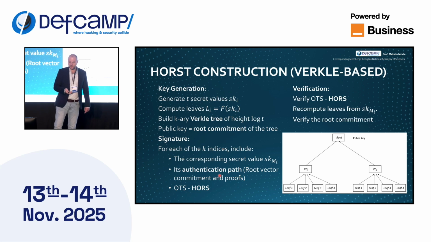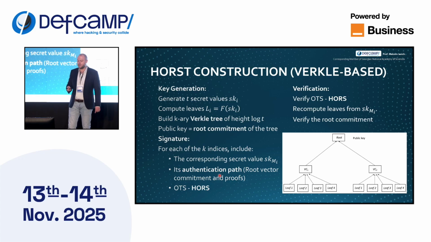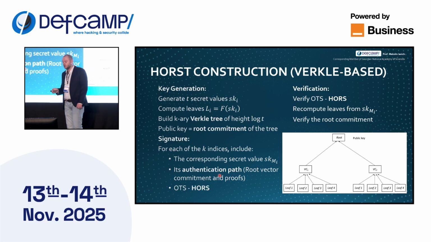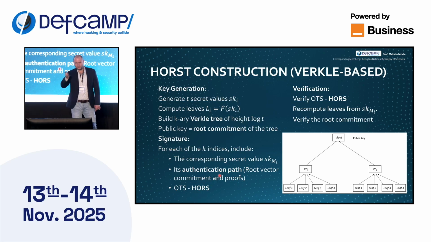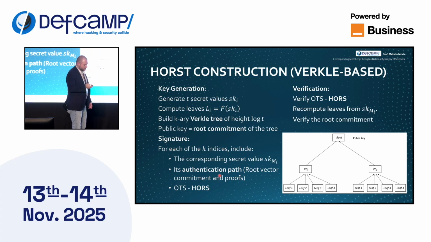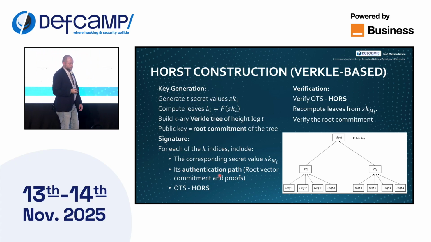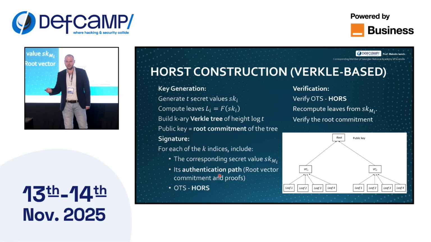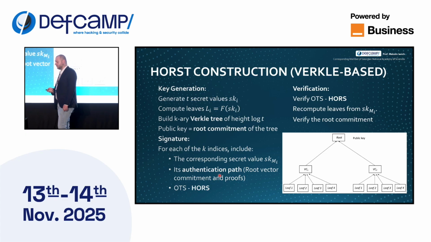We generate the secret keys. We compute the leaves. How do we compute the leaves? Using vector commitments. We go up the tree, we calculate the final vector commitment, which is the public key, and we calculate the corresponding proofs. The one-time signature we calculate using HORST.